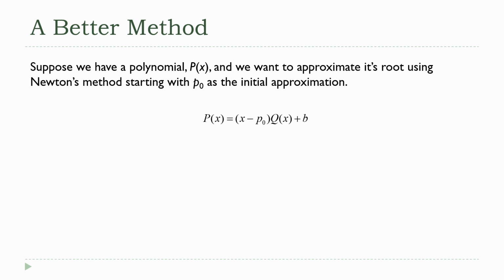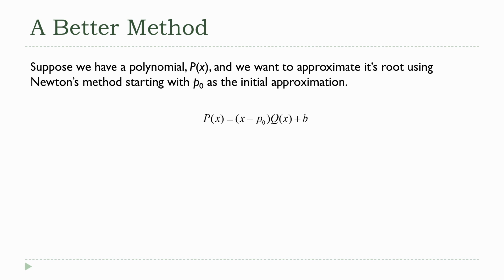When we talk about smaller in this context with polynomials, we mean its degree is smaller, plus a remainder term. And that remainder term has to be smaller degree than the factor x minus p0. Since that's linear, the only thing smaller than a linear term is a constant term, which is why I've just written this as a regular variable here.